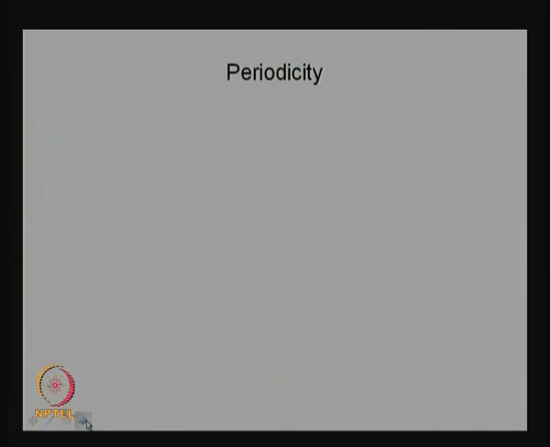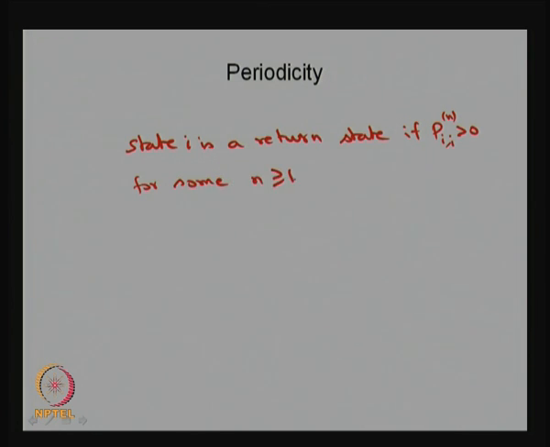Next concept is periodicity. The definition of periodicity goes like this: the state i is a return state if p_{i,i}(n) is greater than 0 for some n greater than or equal to 1.